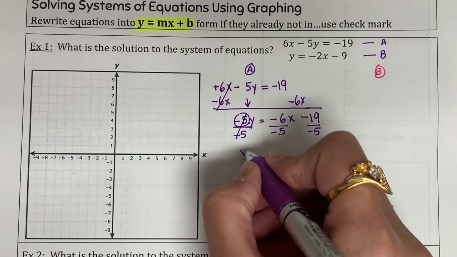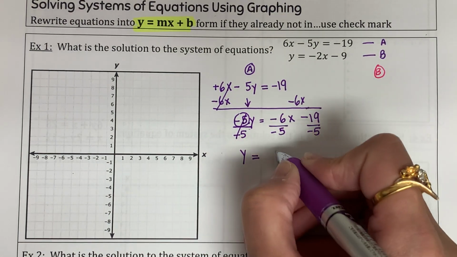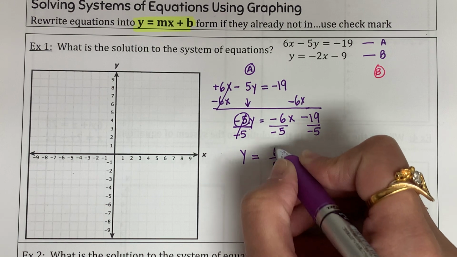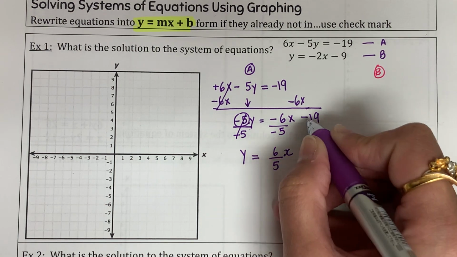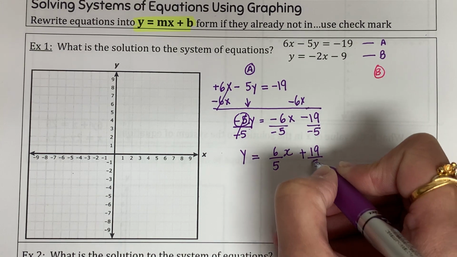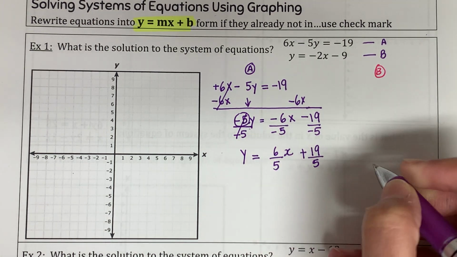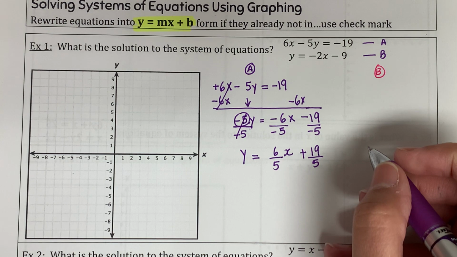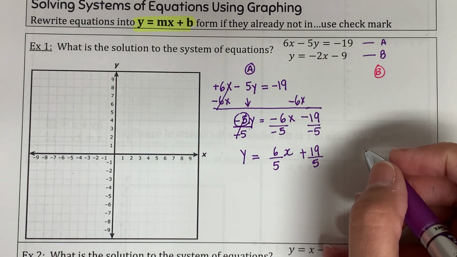This is equal to 1. So you're left with y equals, and simplifying with the calculator, this is negative 6 over 5 x, and this is positive 19 over 5. Or you might see a decimal. 3 times 5 is 15. So it is 3.80.